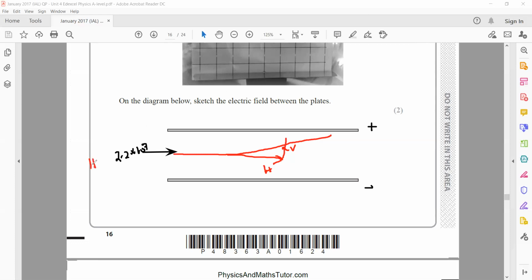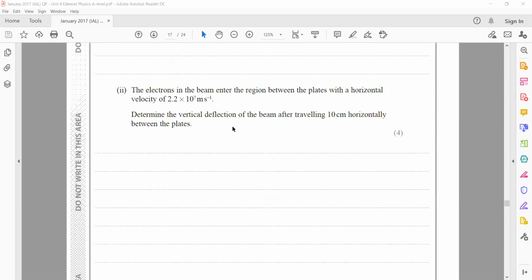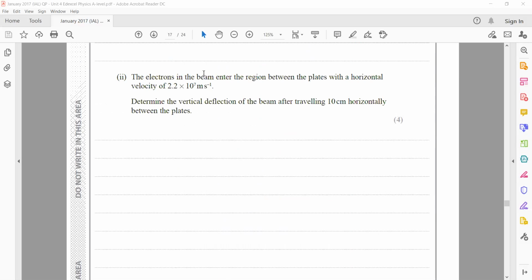This is the horizontal speed. So what is the vertical speed? The vertical speed is 0, and it starts to increase as it moves towards the electrodes. So we can determine the vertical deflection of the beam after traveling 10 centimeters horizontally. For example, these are the plates.